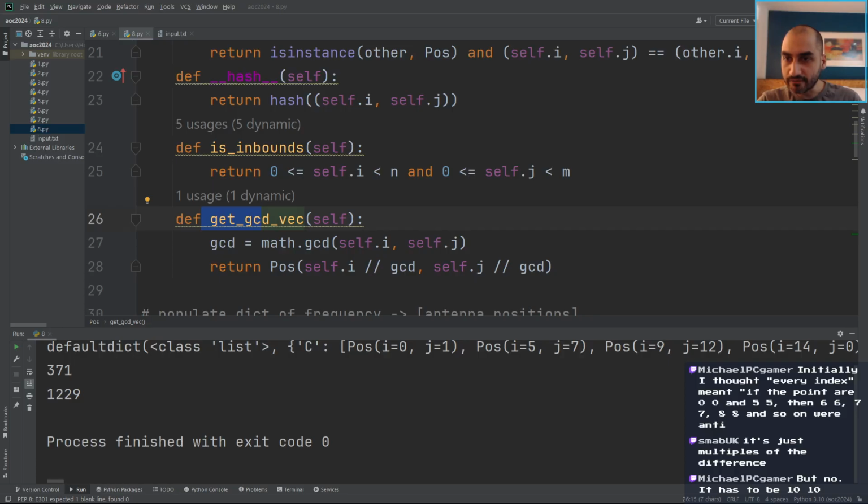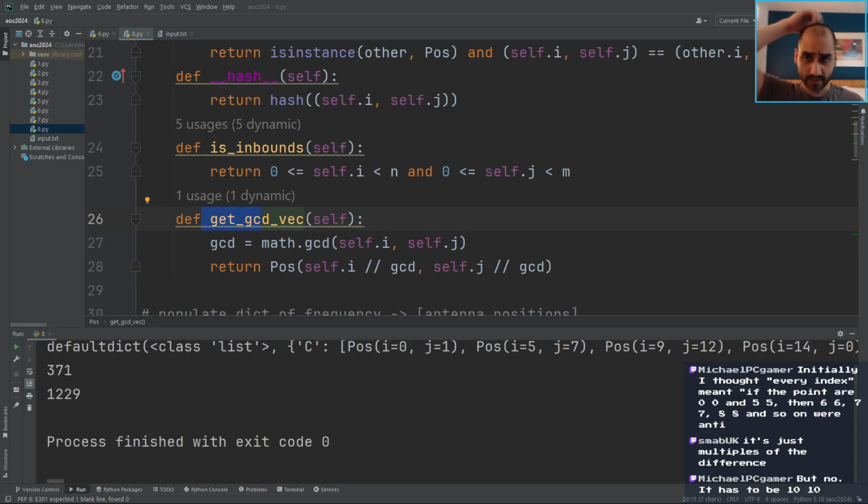Initially, I thought every index meant if the points are 0, 0 and 5, 5, then 6, 6, 7, 7, 8, 8 and so on were antinodes. But they are, aren't they? Oh, are you talking about for part 1? Oh, but no, it has to be 10, 10.